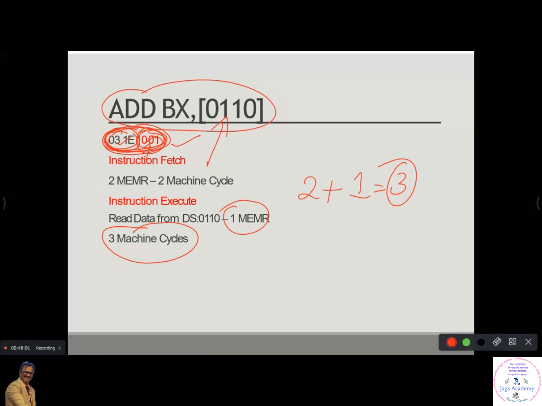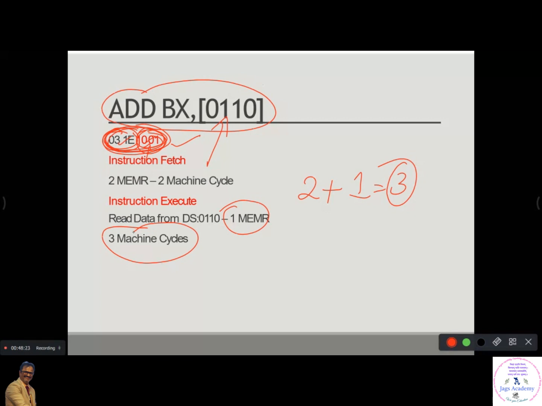Right? So can we do it for many instructions here? This takes how many machine cycles? Each machine cycle may take 4 or 5 T states. Try to understand this.